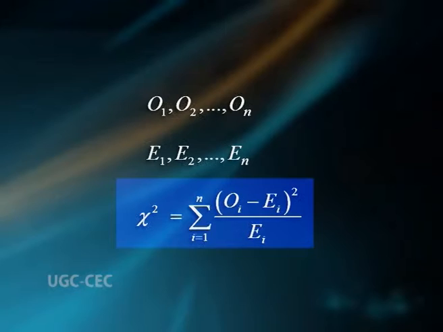A measure of discrepancy existing between the observed and expected frequencies can be found by using the test statistic chi square, and is given by chi square equal to summation over i from 1 to n of Oi minus Ei the whole square divided by Ei, which follows chi square distribution with n minus 1 degrees of freedom.